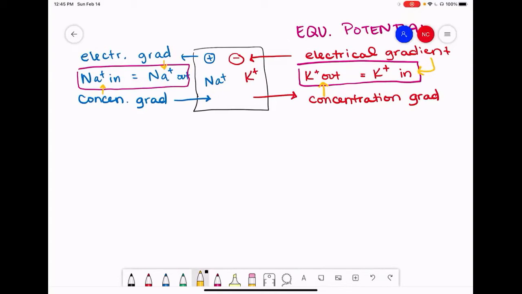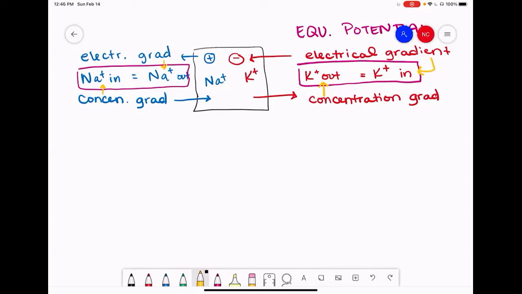So in this case, opposite charges are attracting, so the negative inside is pulling in positive potassium. The opposite is true for sodium, which gets naturally pulled into the inside of the cell that is usually negative, but as we draw more and more sodium into the cell, we're increasing the positivity on the inside of the cell.